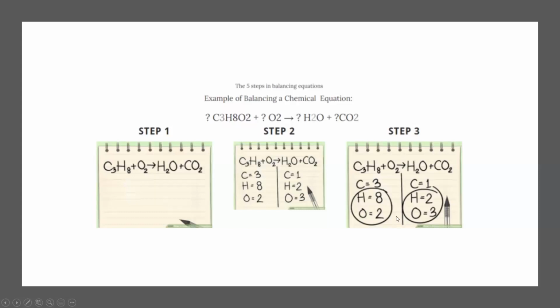For example, here you have 8 hydrogens and only two here, two oxygen here and three oxygen here. But we always leave hydrogen and oxygen to the end, and we begin with the other types of element. In this case, we are going to begin with carbon.